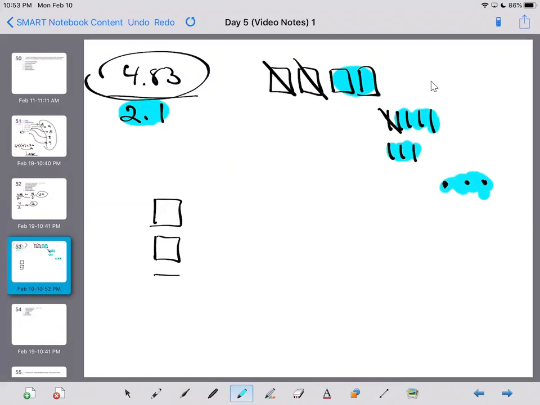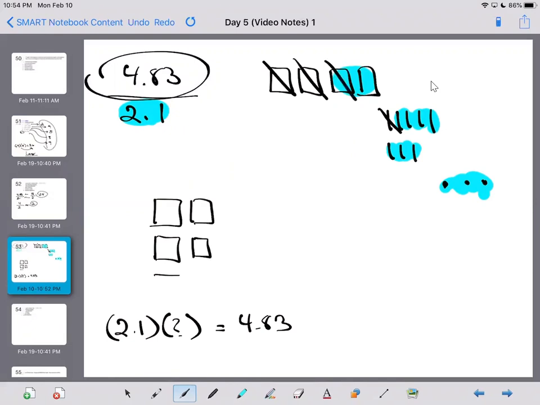So now it's just a fill in. I'm trying to figure out 2 and 1/10 multiplied by something is equal to 4 and 83 hundredths. So as I'm building this, I'm going to use 2 more flats. And I'm done there. And then I know I have 7 rods left.